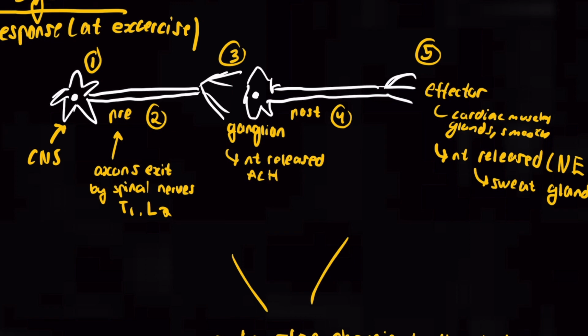So here we have synapses being released from the central nervous system, so either our brain or our spinal cord, but in this case, for the sympathetic, it is at the cell bodies in the spinal cord.